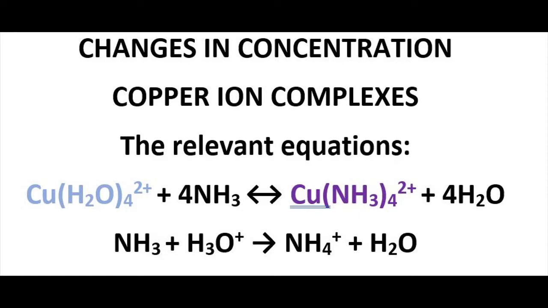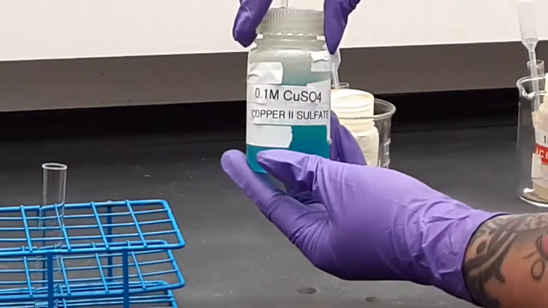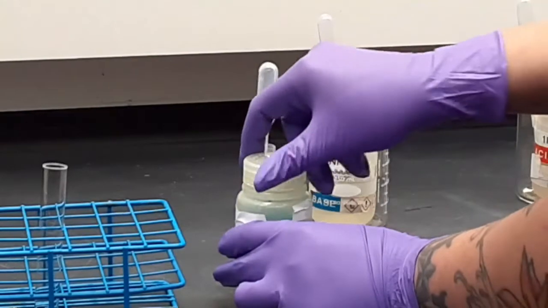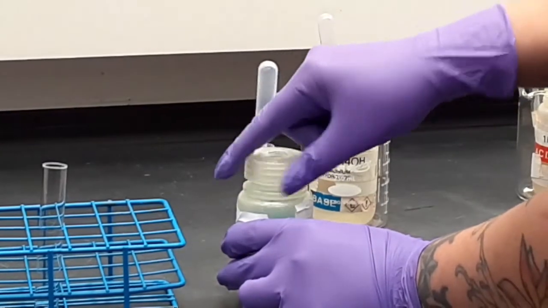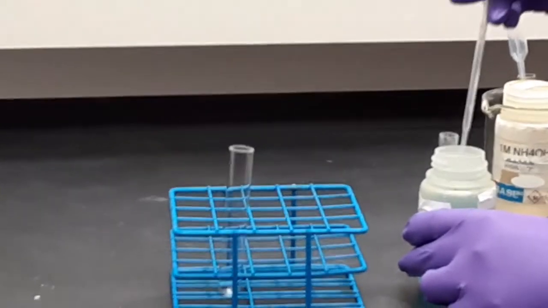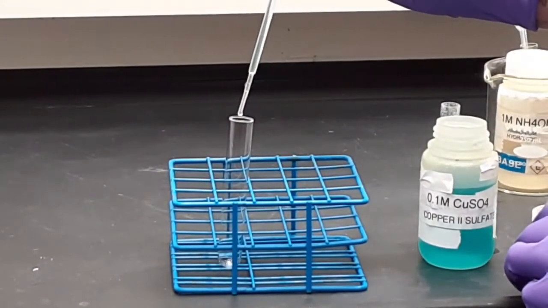These are our relevant equations from the lab. So Heather's starting with the 0.1 molar copper sulfate. She's going to add some to a test tube, counting out the drops.